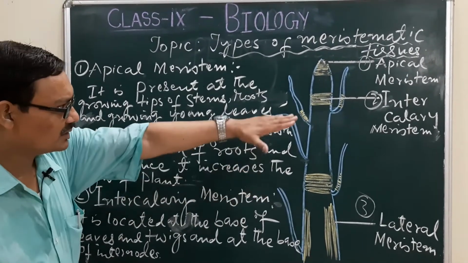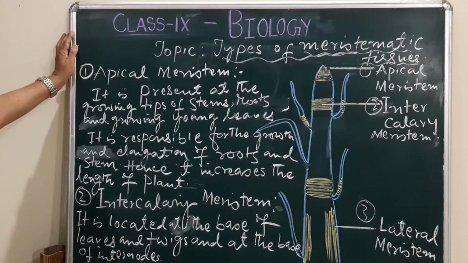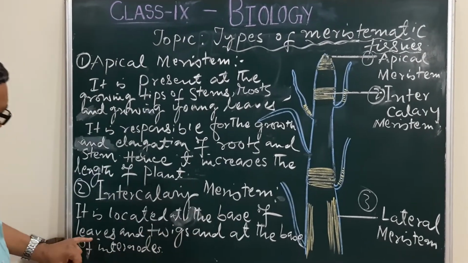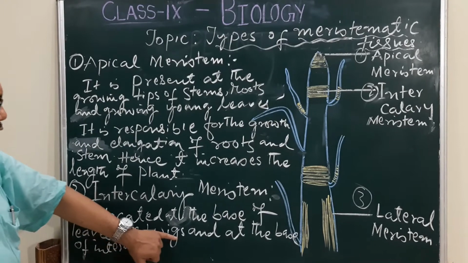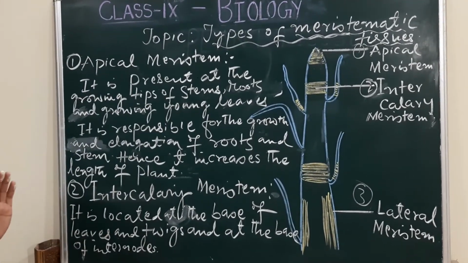Now, the second important type of meristematic tissue is intercalary meristem. Intercalary meristem is located at the base of leaves and twigs and at the base of internodes.